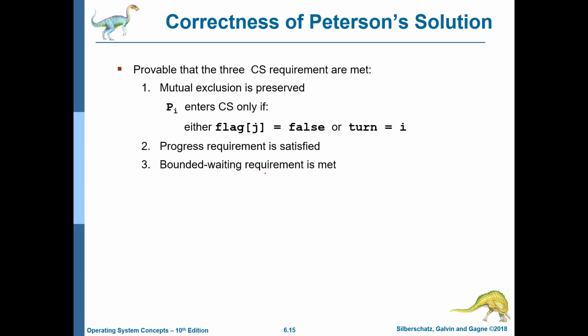And similarly, the bounded waiting requirement is also met, primarily because once the other process is done, you get the chance. So for a two process system, this algorithm actually works very well.